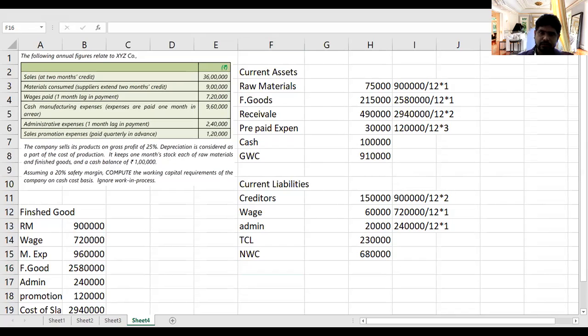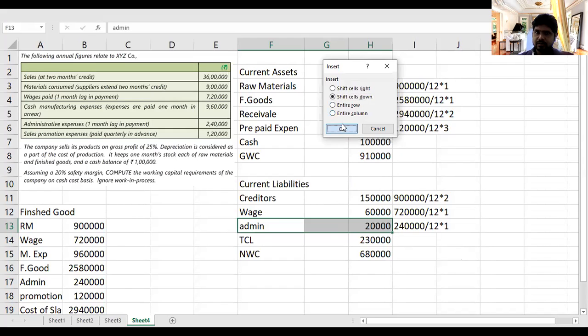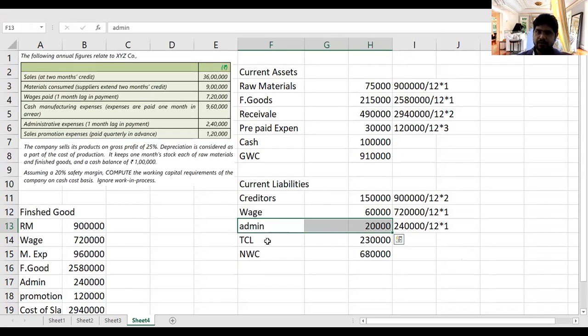And again, yes, we have another thing. Manufacturing expenses. We have missed this one, right? Cash manufacturing expenses equal 960,000. We have to include it also.